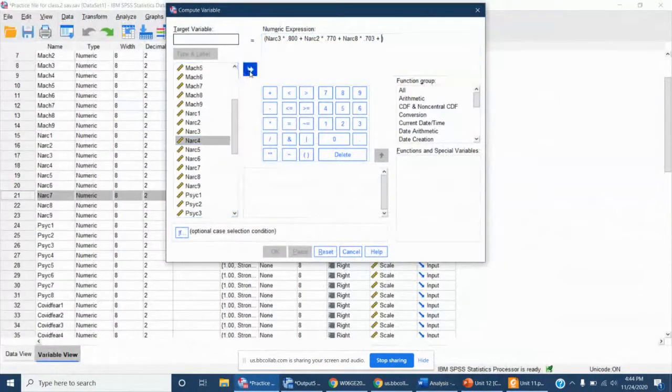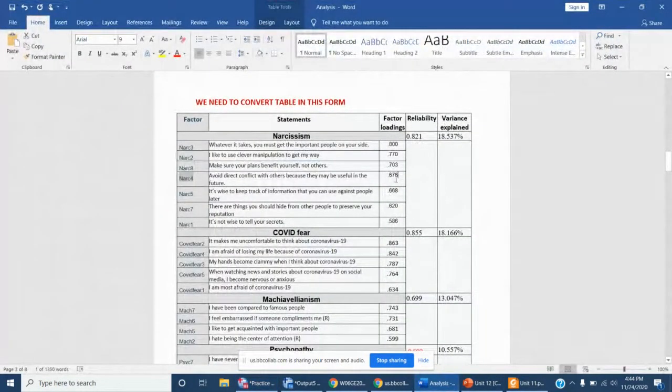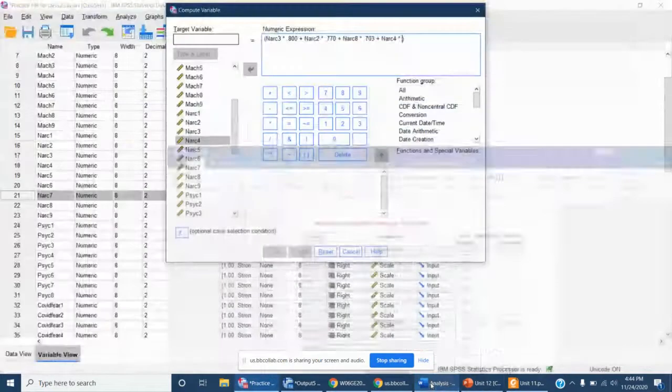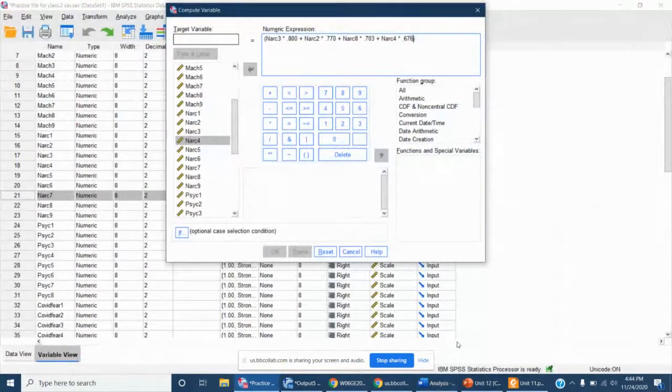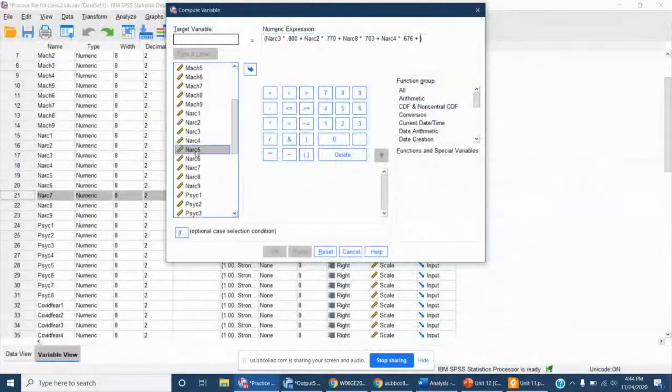Narcissism 4 is again shifted there, multiplied by its weight, which is 0.676. And similarly, we will add other items there: narcissism 5, 7, and 1. Narcissism 5 weight is 0.668. Narcissism 5 is shifted there, 0.668. I will add it here.